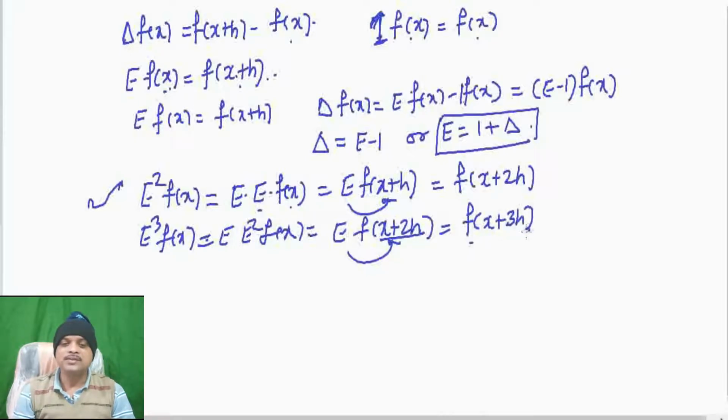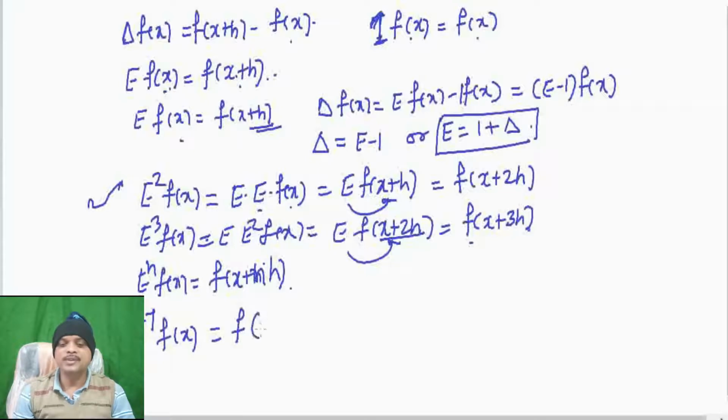Then E raised to n of f of x equals f of x plus nh, so there is a displacement up to n. Now we define E inverse of f of x. Whenever we have E of f of x, there is an addition, and in the inverse we subtract h. So E inverse f of x is nothing but f of x minus h. These are the operators.